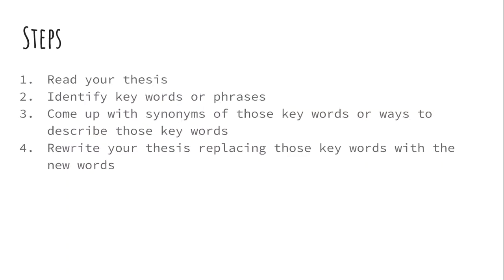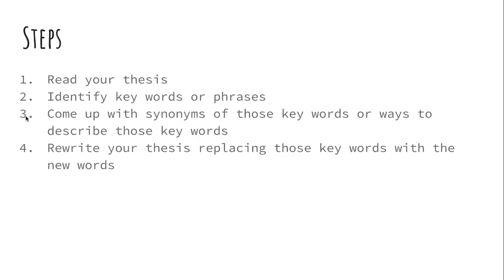There's 4 really simple steps. Number 1, read your thesis. You have a great thesis, read it. Number 2, in that thesis, identify any key words or phrases. A keyword or phrase, in this case, is probably your reasons for migration.